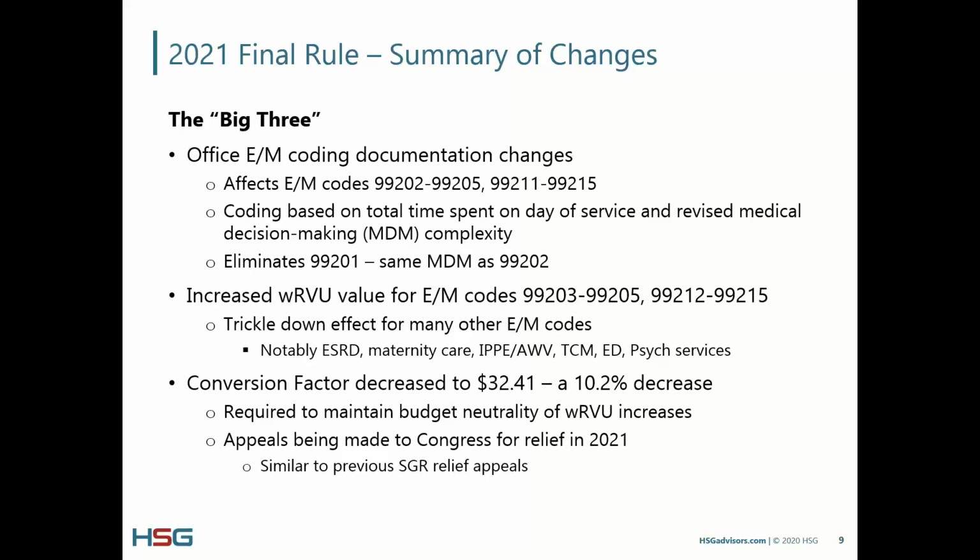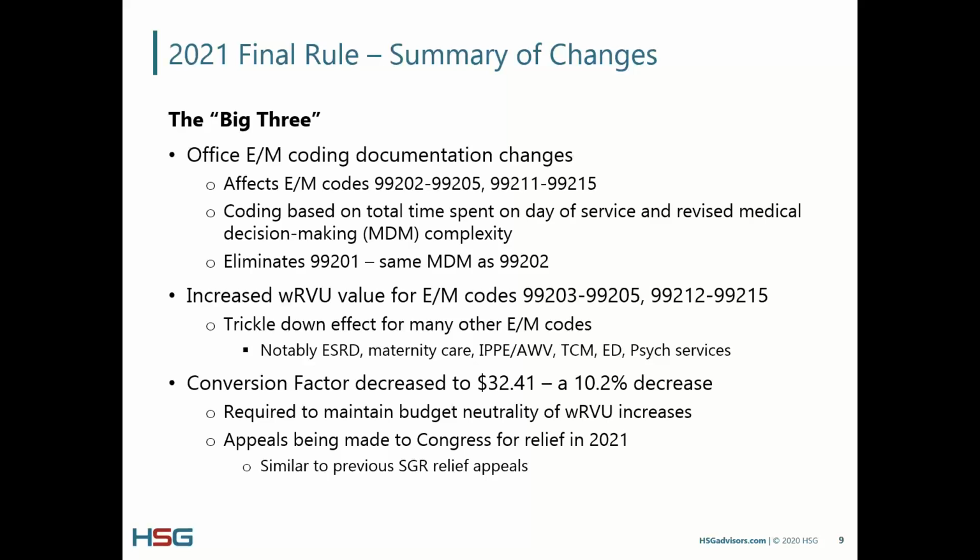All the emergency medicine codes at all 5 levels changed, and then psych services changed as well. So these are just part of it. The other part applies to the so-called missed value codes that are considered every year. And those had a significant number of changes based on these E&M coding changes from this final rule. So we'll look at some of those and the impact of those in greater detail.